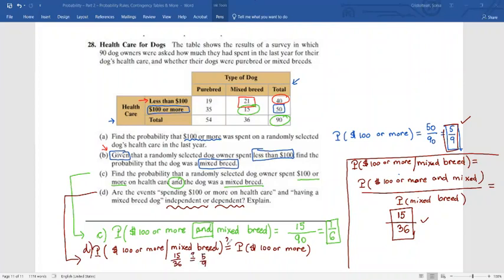We can clearly see that these are not equal to each other. 15 over 36 simplified by 3, you'll actually have 5 over 12. 5 over 12 is not equal to 5 over 9. So it seems that being the owner of a mixed breed has an effect on spending $100 or more on healthcare for a dog. So these two events are dependent.